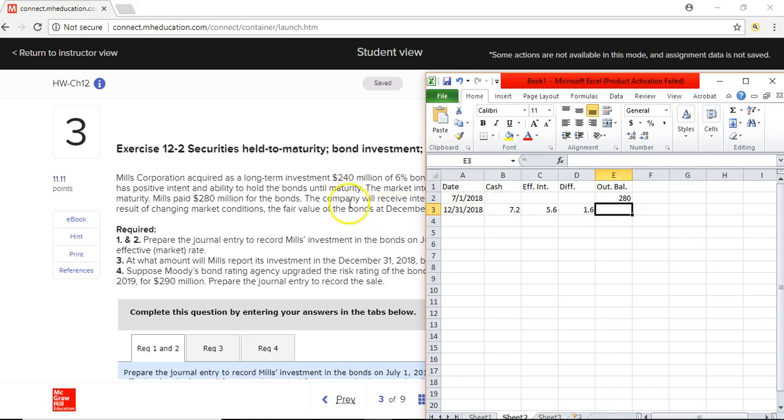The face value of the bonds is $240 million, but we start with a higher than face value amount, $280 million. So we need to drop this balance to $240 million after several years. Therefore, we will take the previous balance minus the difference to find the new balance.